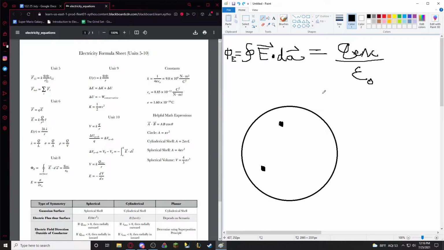I guess more specifically, I'll ask, what is the point? Why do we use Gauss's law? We use Gauss's law to try to figure out the flux of the surface.